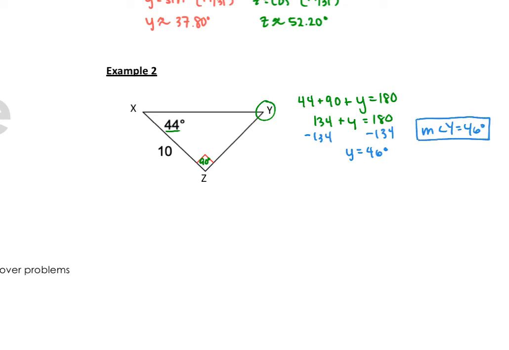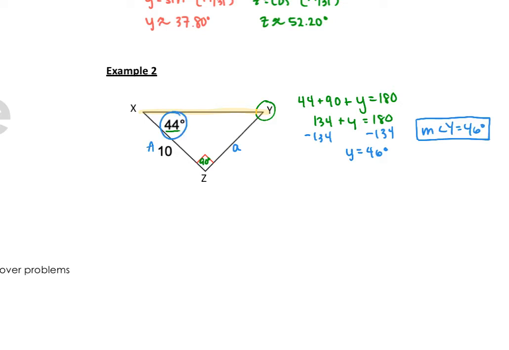Okay, now we can solve for some missing sides. So I'm going to solve for YZ first, and I'm going to call that, I'll just use the letter A so we don't get confused with the angles. So highlighting my hypotenuse, I'm going to use 44 as my reference angle.